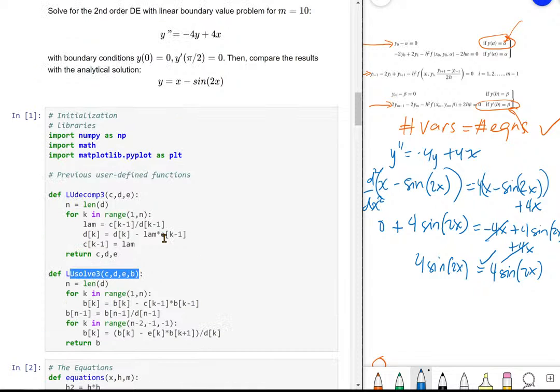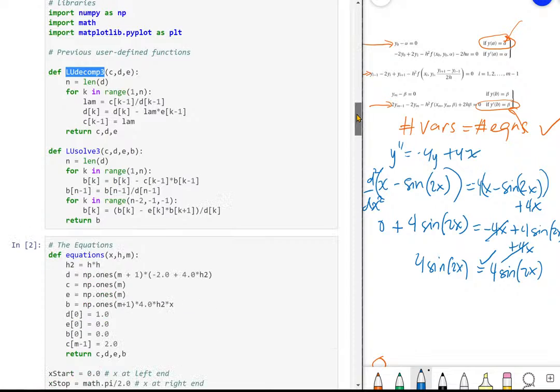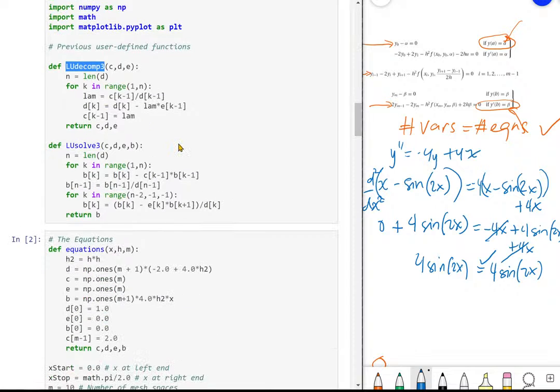If you remember this in module 3, or 2 or 3, this one is the same as LU decomposition, but this is intended for symmetric problems, because here we will have a symmetry. These are the LU decompositions in module 2 or 3.